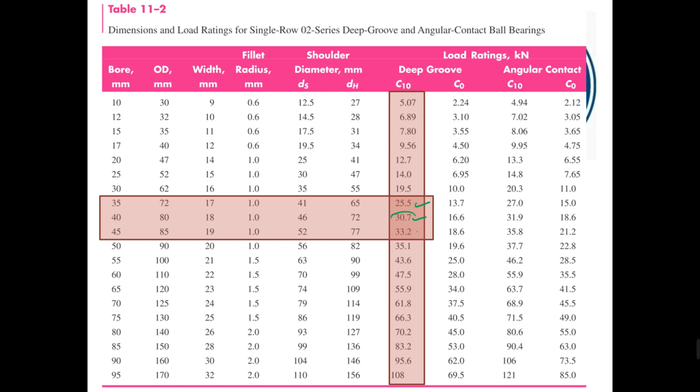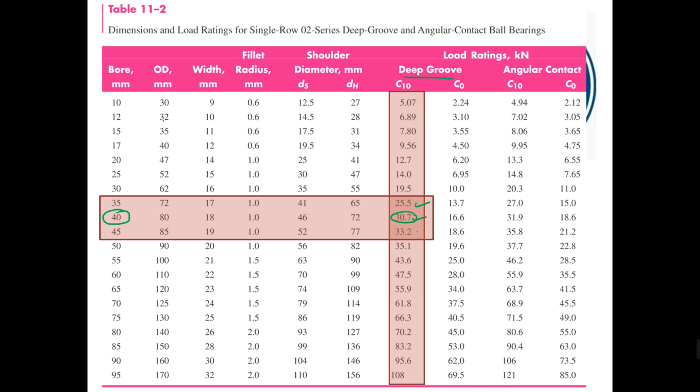So this is suitable, because we have already used a 20% factor of safety, 1.2 alpha. So our desirable bearing is this one, which is 40 mm bore. The final selection can be written as a single row 02 series deep groove ball bearing of 40 mm bore.